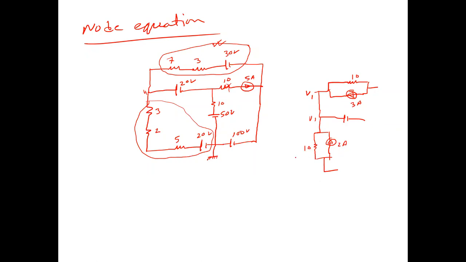This is your another point, this point is your ground. This is the ground, so this is the 0 point, the ground means 0.